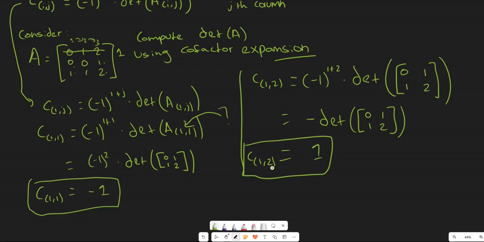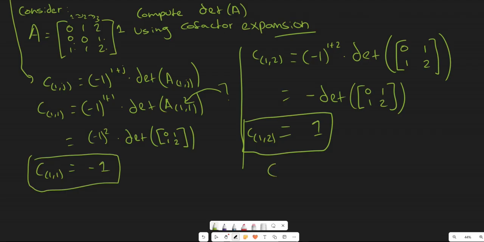Similarly now, we can go ahead and compute the cofactor of the third column with the first row. So let's go ahead and do that. So C1, 3, and go ahead and try that for yourself actually. So you can pause the video, block off that, and we're left with these 4 numbers here.